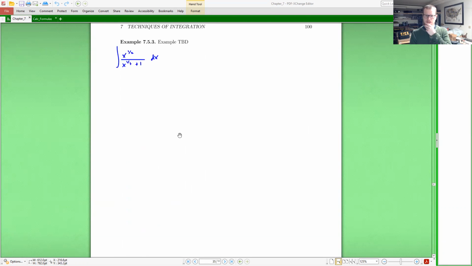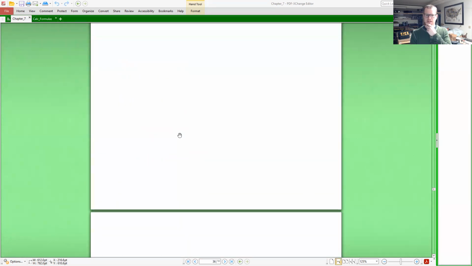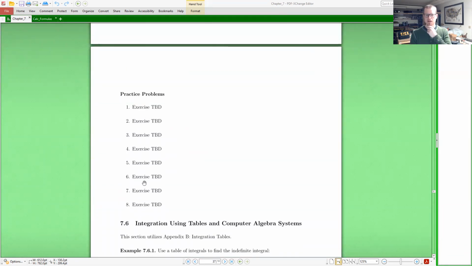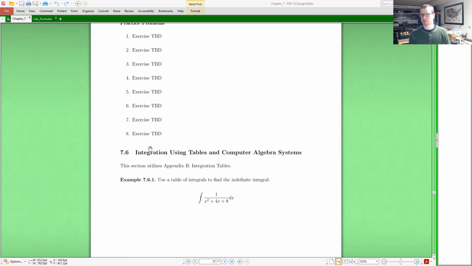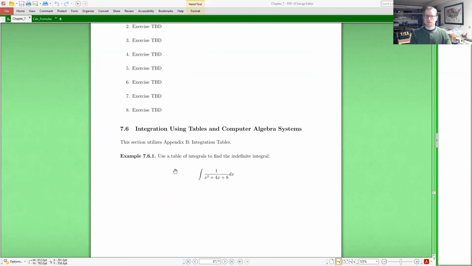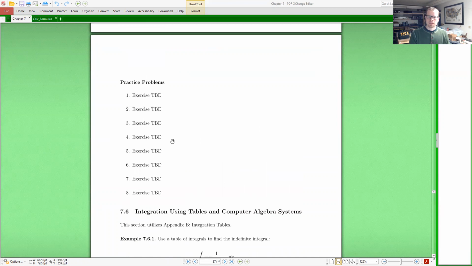It's worth also mentioning that the practice problems have been updated to include some practice problems, not just to be determined. Also, it appears that I forgot to begin section 7.6 on a new page. So you don't need to do anything. We'll start off here. We don't need a lot of room, and so that's okay. But on the new notes, I did put that on a new page. All right.